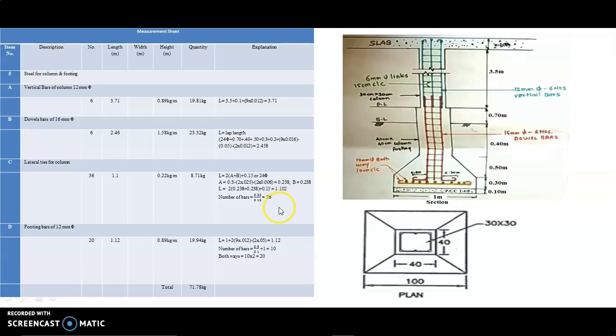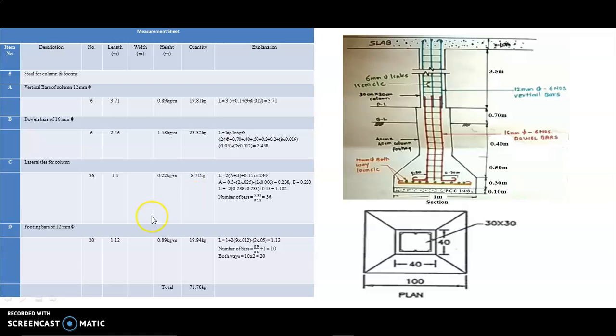Now we have to find the number of bars. For that, we take 5.33 divided by 0.15, and we get 36 as the number of bars. Putting this value here and calculating for 3 columns, we get 8.71 kg as the weight of the lateral ties.